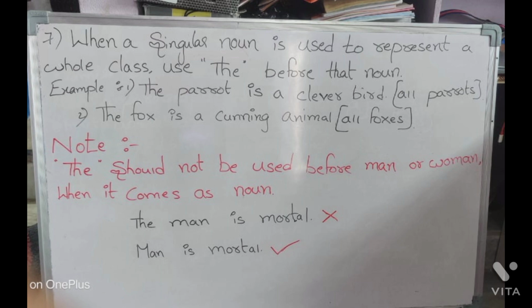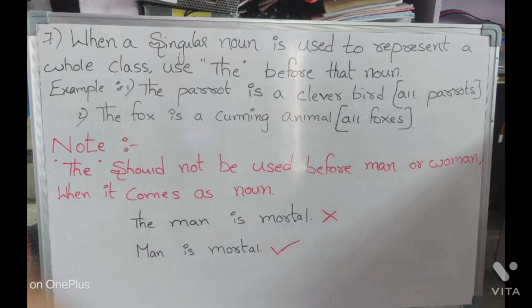Then "the" is mentioned, the article is mentioned in the sentence. Now note this, listen. "The" should not be used before man or woman when it comes as a noun.